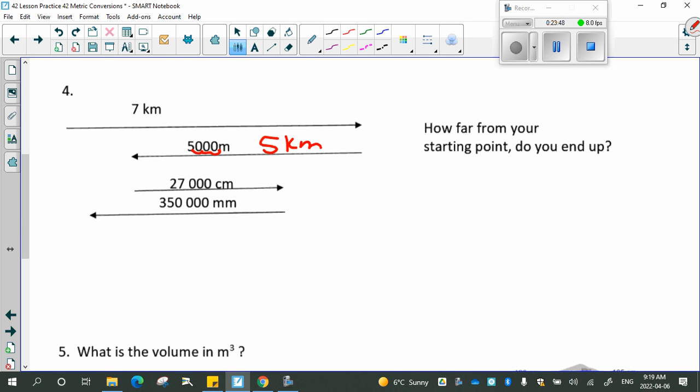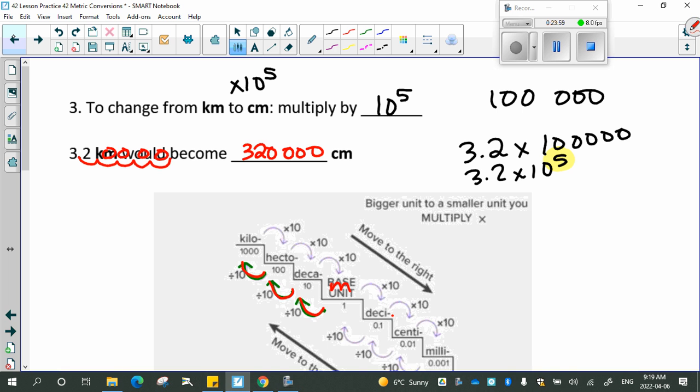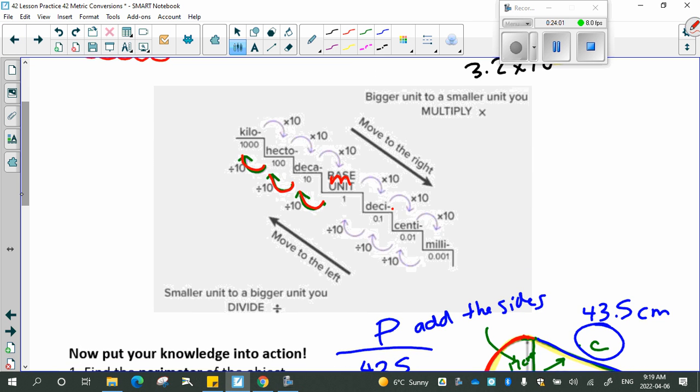27,000 centimeters. How many steps are centimeters and kilometers on our chart? So they are 1, 2, 3, 4, 5 apart.